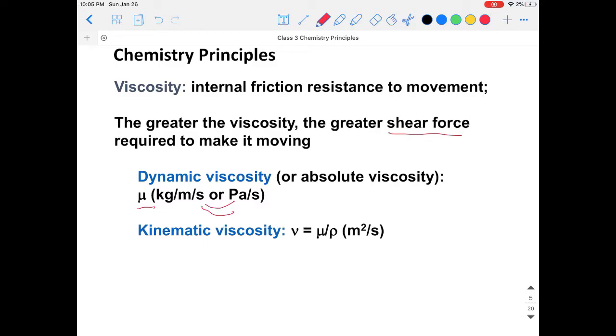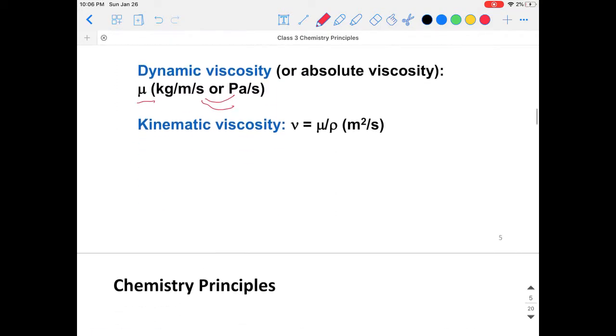We can also define a kinematic viscosity, which includes the influence of the density for the liquid or gas species. That can be calculated by nu equal to mu divided by rho. If we plug in the unit of the density, we're going to have the unit of meter squared per second.